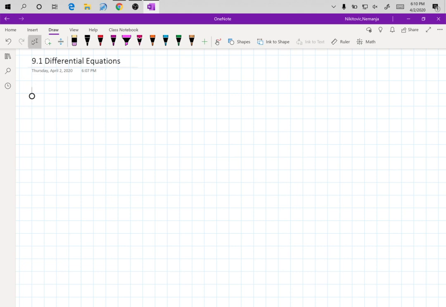Today, we are going to look at 2 sections back to back and finish off chapter 9. We're only going to take a look at sections 1 and 3. Section 1 is teaching you terminology and some of the important ideas of what differential equations are. And one of the methods of solving basic differential equations is presented in 9.3.